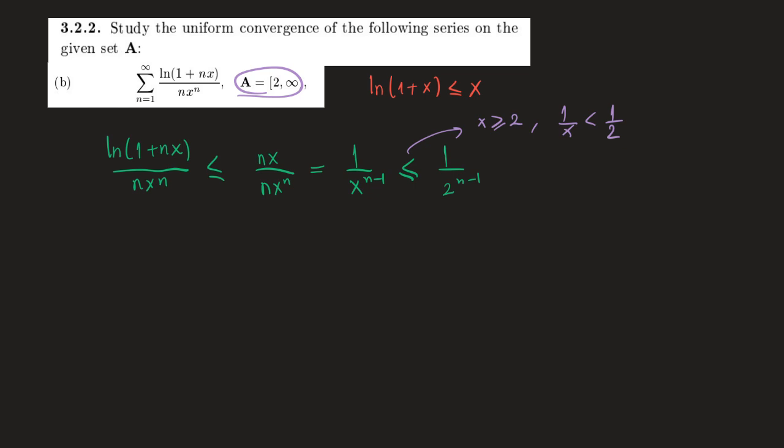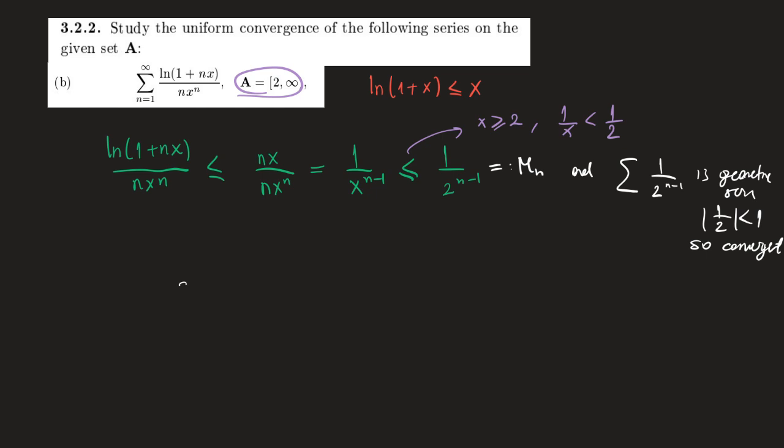As you can see, let me define this to be M n, and this 1 over 2 to the power n minus 1 is a geometric series, and 1 over 2 is less than 1, so it converges. So by the Weierstrass M test, the series is convergent.